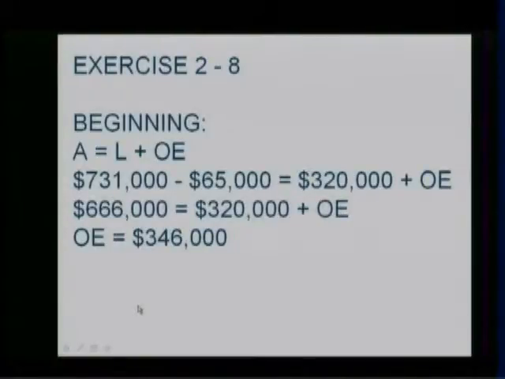So at the beginning of the year they were $65,000 less. So I take the $731,000, subtract out $65,000. It also tells me that my liabilities were $320,000 at the beginning of the year. I don't know owner's equity, so I can compute owner's equity to be $346,000 at the beginning of the year.